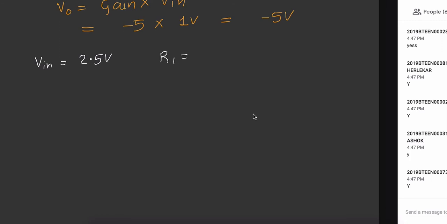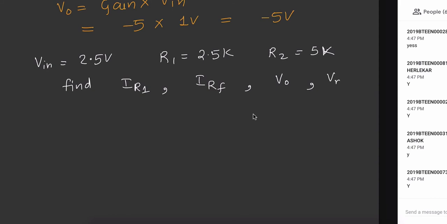R1 is equal to 2.5 K. R2 is equal to 5 K. Find IR1, IRF and VO, VN and also VP. So do this much. We will give some time and then we'll come back after some time.